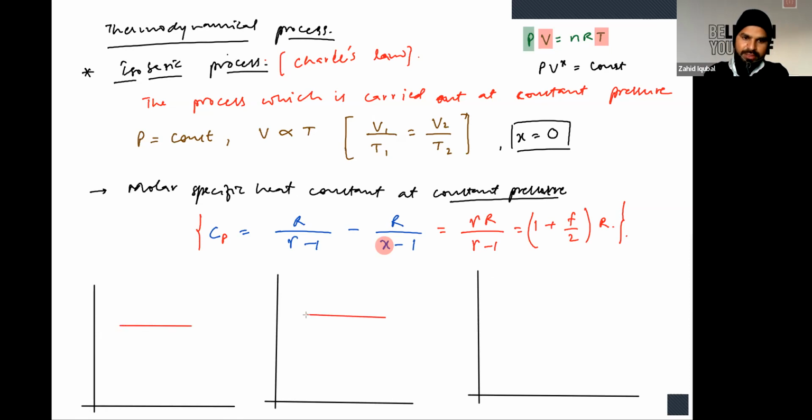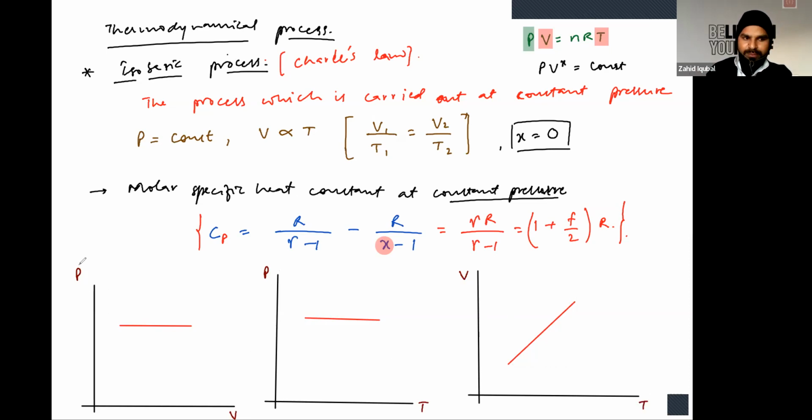Similarly for temperature it will be this, and for volume it will be a straight line from the origin like this. So this is the pressure versus volume graph, pressure versus temperature graph, and volume versus temperature graph.